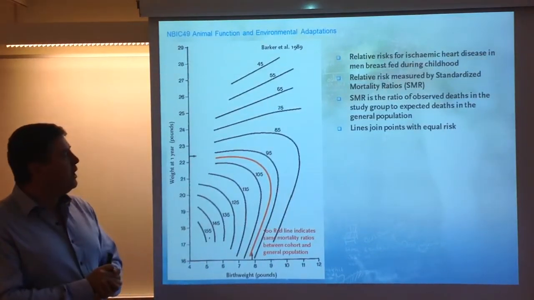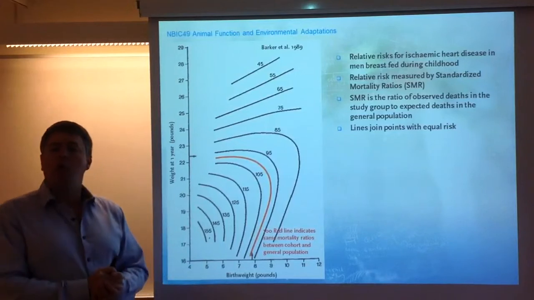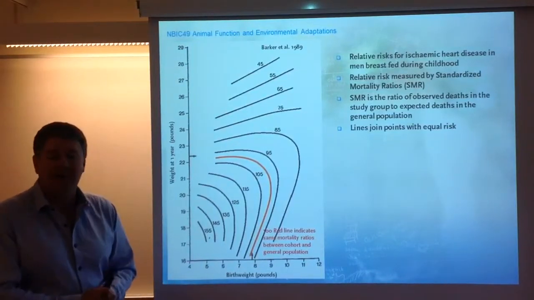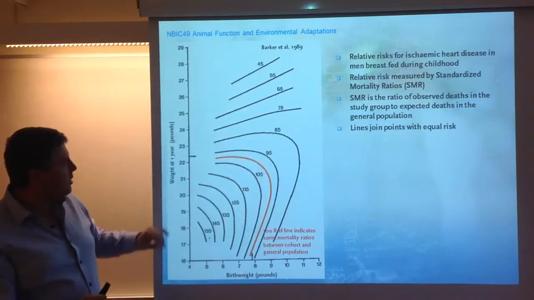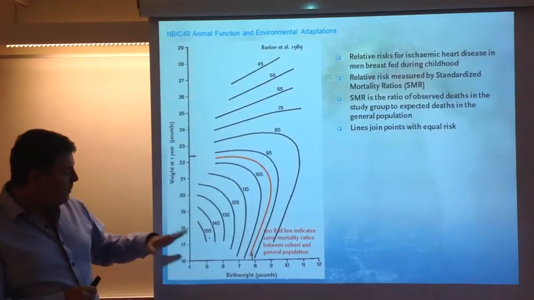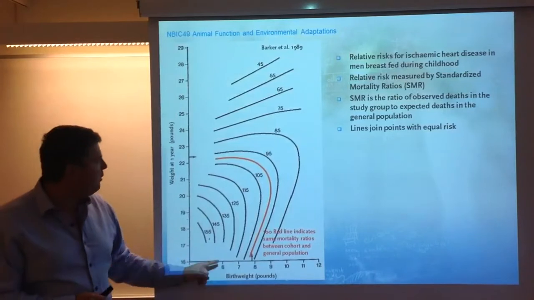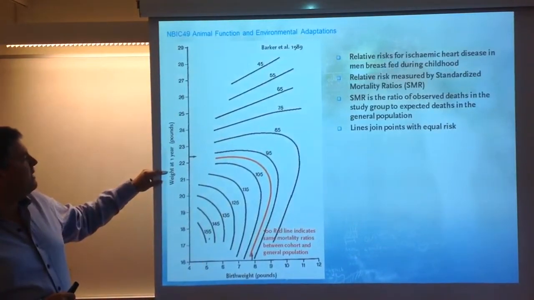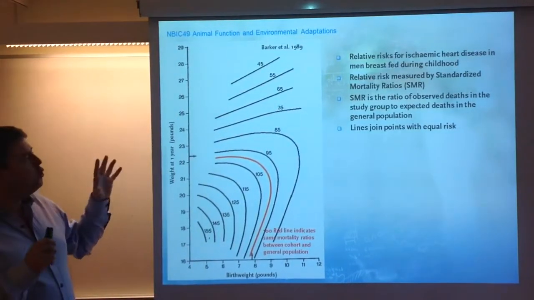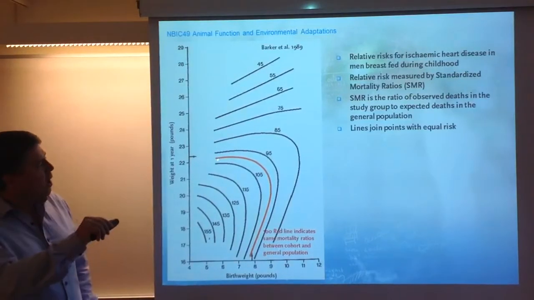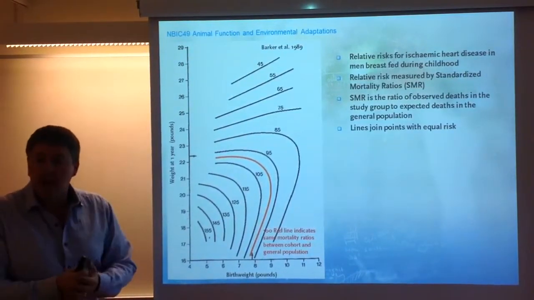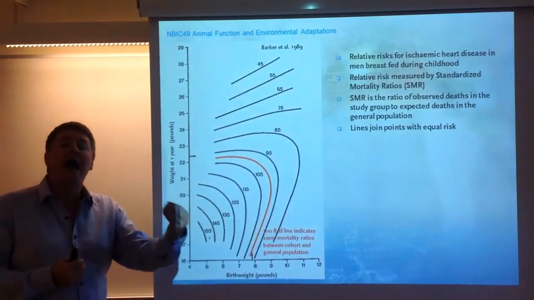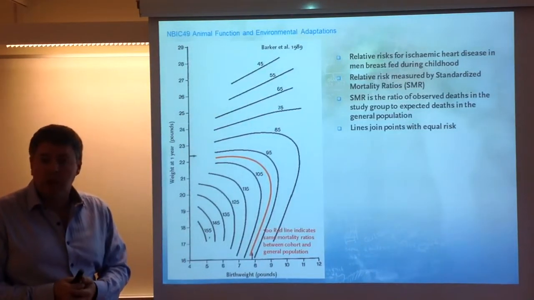What you see here is the distribution of our cohort individuals within this two-dimensional plot, depending on their birth weight and their weight at 1 year of age. And what you see clearly is that below the 100% line, the cohort group actually had a higher mortality ratio than the national average.